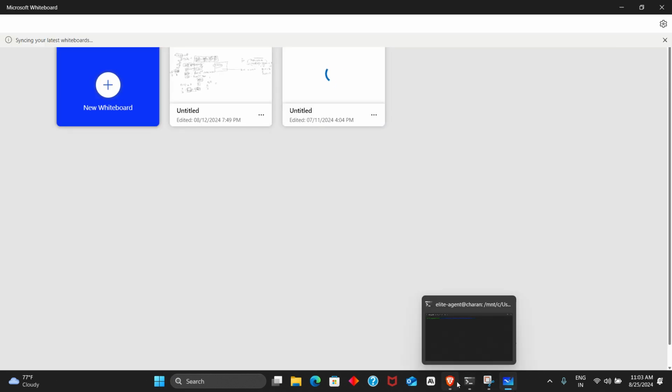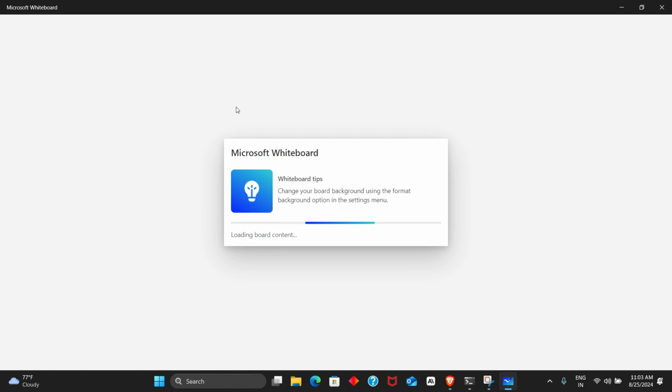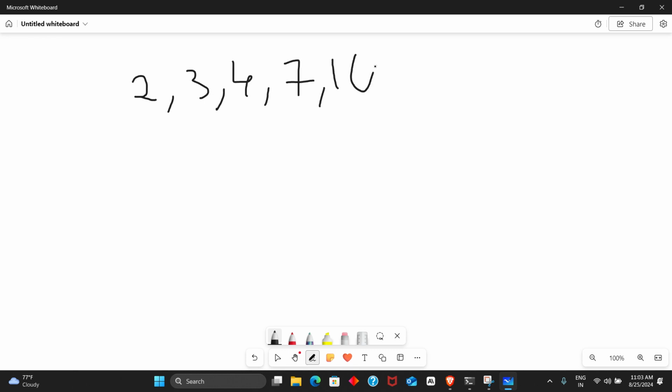So basically, let's try and see what it means visually. If we take 2, 3, 4, 7, 10, right? So in these points, if we consider this as I and this as J, J minus I mod, and J minus I mod is literally the same as I minus J mod, right?